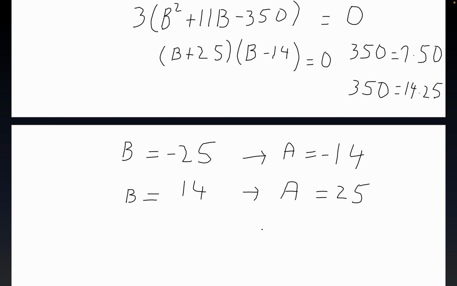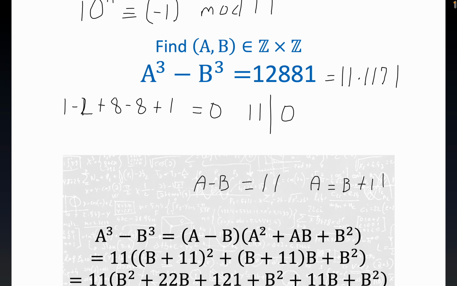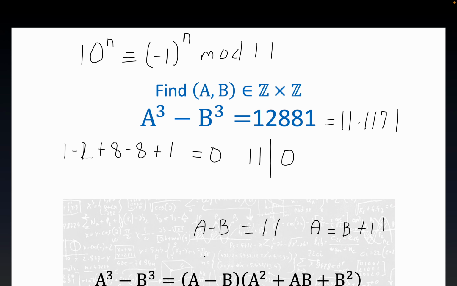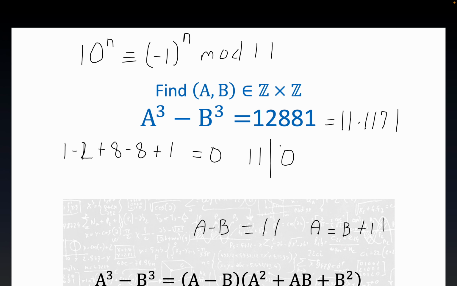So folks, the two solutions, I'll see if I can remember these, 25 and 14. So one solution would be 25 comma 14. Remember, we're looking for the Cartesian product solutions.